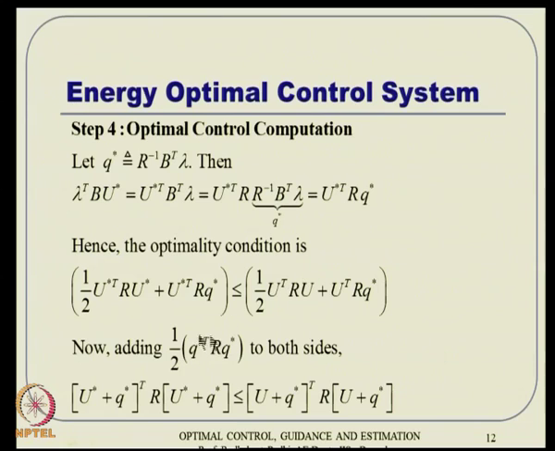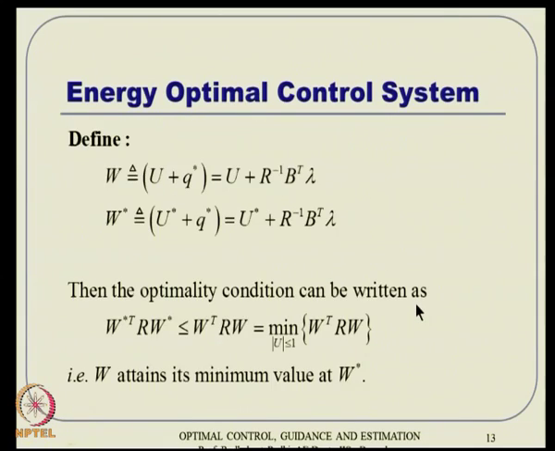If you add this quantity here and split it into two parts, half of that plus half of the other one, and one time you use this expression and one time you use that expression, and then combine in matrix vector form, it turns out to be something like this. This is a quadratic term in the left hand side and a quadratic term in the right hand side also. The difference is the left hand side has used the u star function and the right hand side has simply the u function.